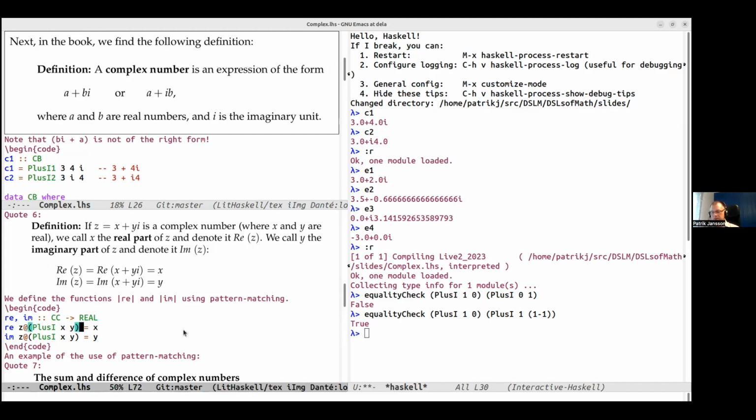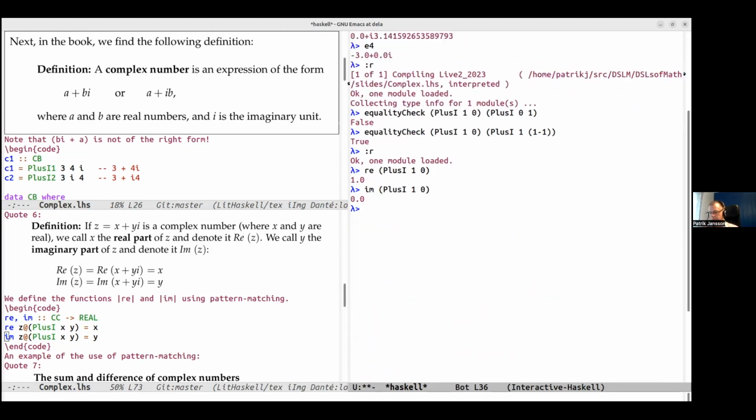So I bind three variables, z, x, and y, and I ignore the value of z and y, and I return x, and similarly for im. So if I now want to test what is the real part of plus I 1, 0, not very surprisingly, it's 1, and the imaginary part is 0.